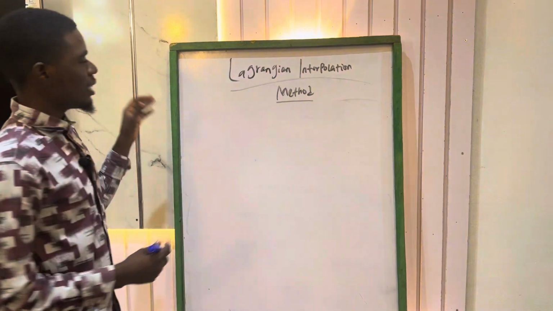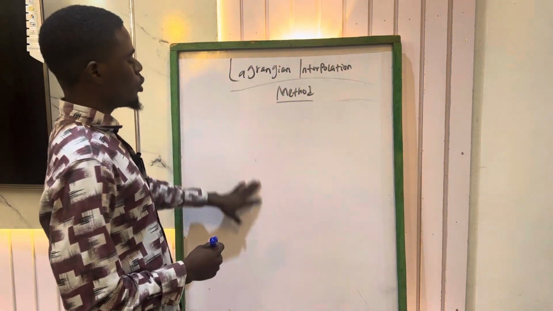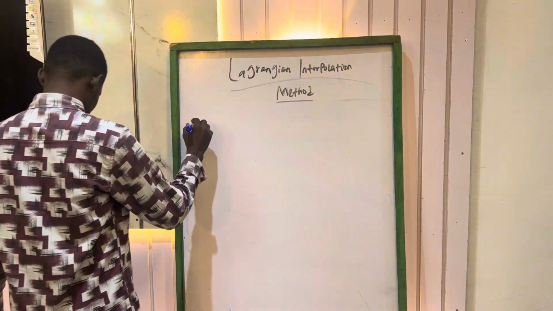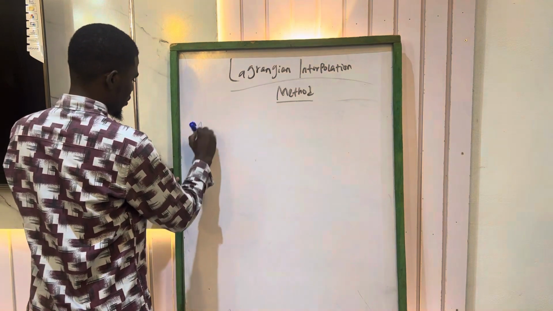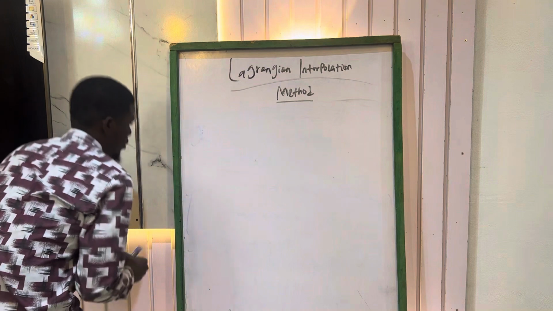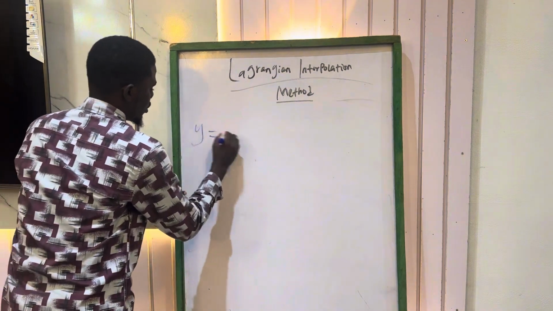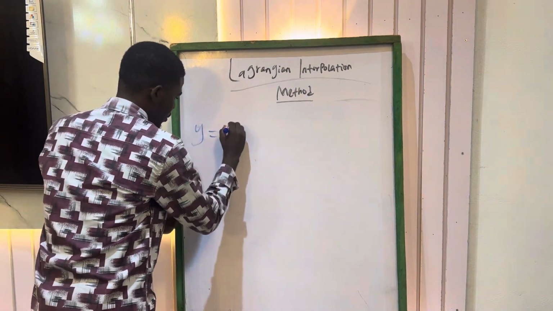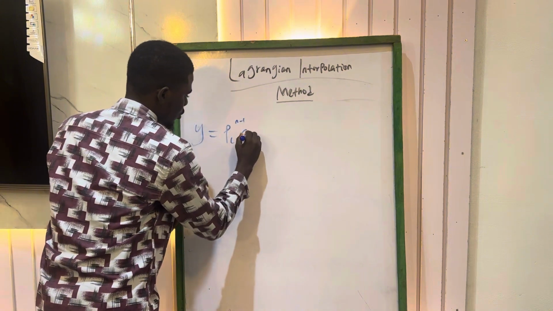Following the Lagrangian interpolation method, the equation is y = P_L,n-1(x).